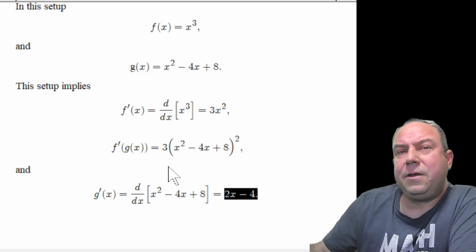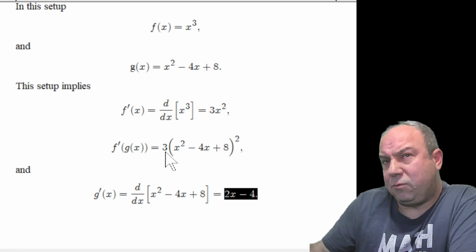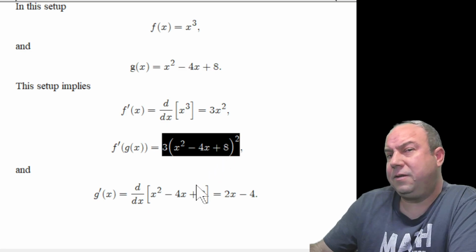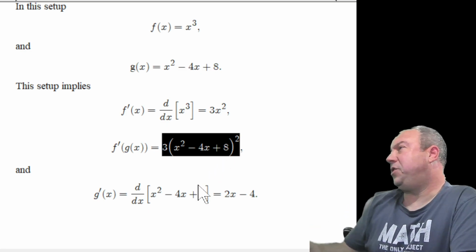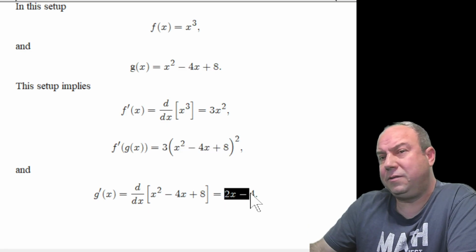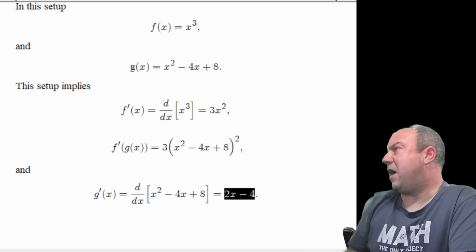So the chain rule tells us we're just going to take this result, f prime at g of x, and multiply it by this result, the value of g prime.